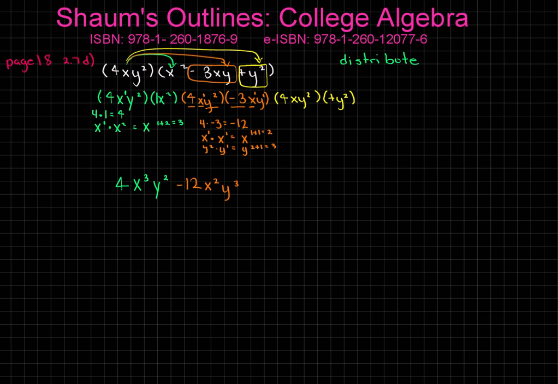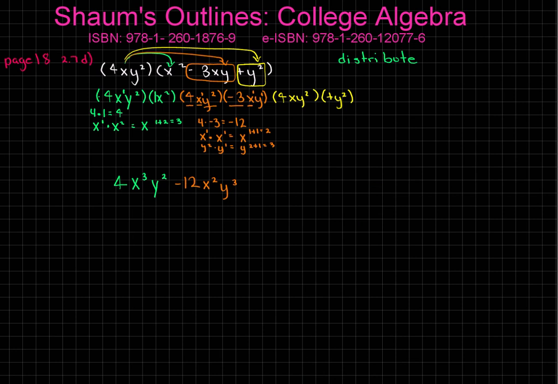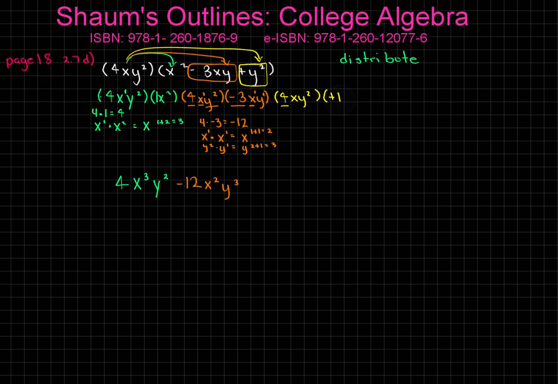Okay. Then for my yellow expressions, I have 4 times positive y squared. And remember, I can add my little imaginary 1 in here. Let me rewrite that. Positive 1 y squared.